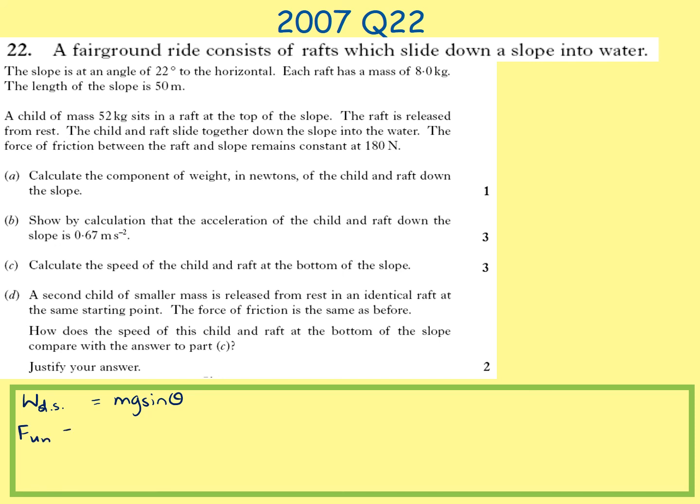So our unbalanced force was equal to the component of the weight down the slope minus friction. This was also equal to mass times our acceleration, and then the last equation we used was v squared equals u squared plus 2as, and that was to get our speed of the child at the bottom of the slope.